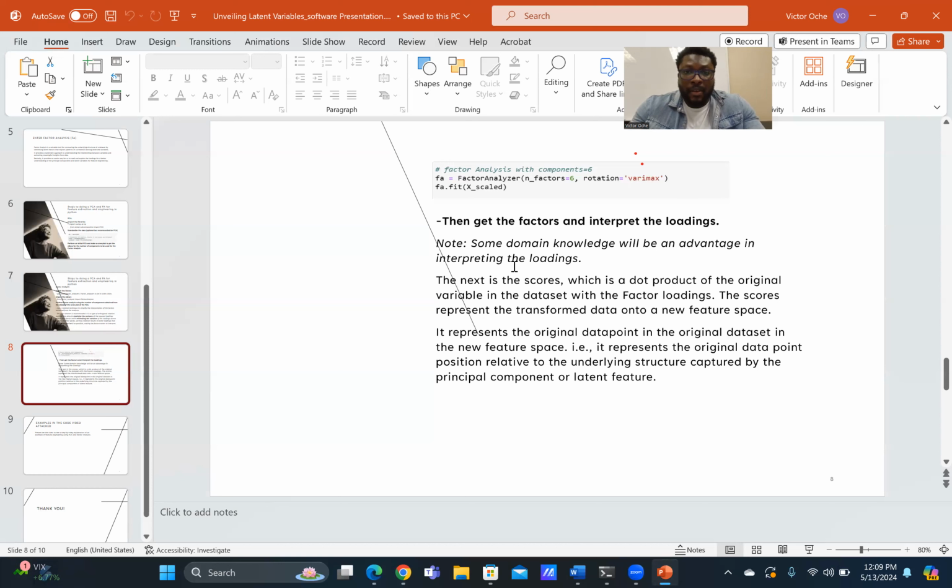That's why I said that the scores represent the transformed data onto a new feature space. That is, it represents the original data point's position relative to the underlying structure captured by the principal component or latent feature.